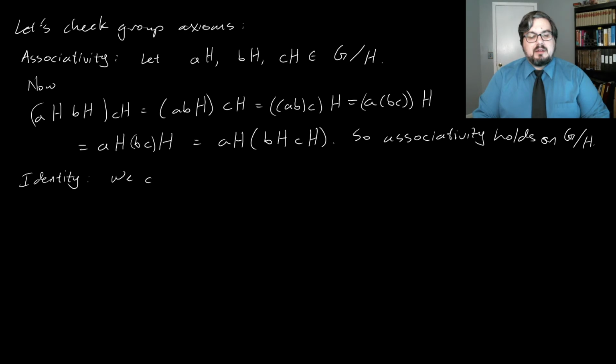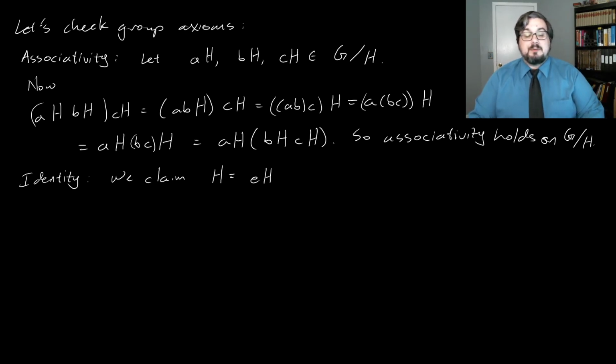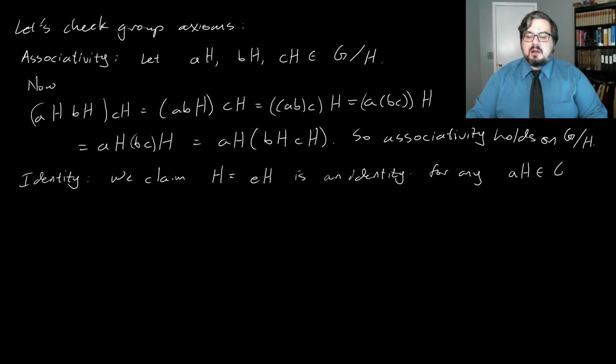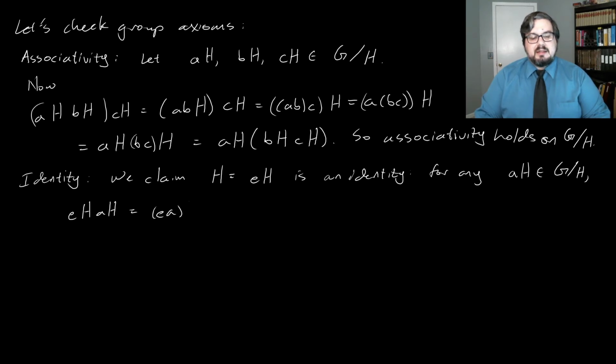We claim that H itself, which remember is the coset with representative the identity, is an identity. For any AH belonging to G mod H, we have that EH times AH is equal to EA times H, but E times any element of G is just that element back, which is AH.